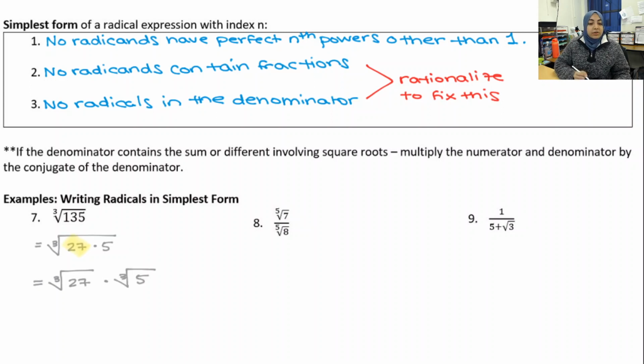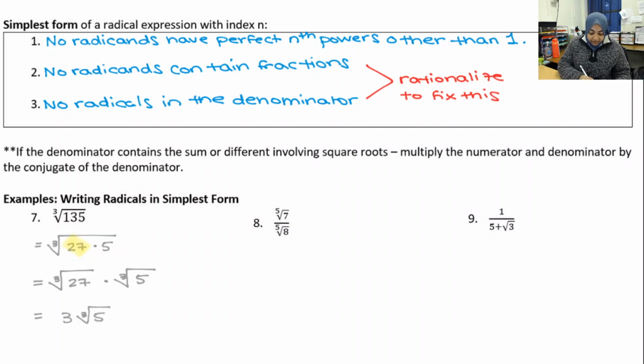Notice how I'm writing the index before I write my radical symbol. That prevents me from sticking it in there afterwards, and it helps your work look a little bit neater. So the cube root of 27 is 3 times the cube root of 5. The cube root of 5 cannot be simplified, so I'm going to leave it as the cube root of 5.